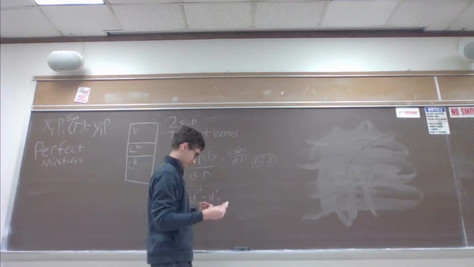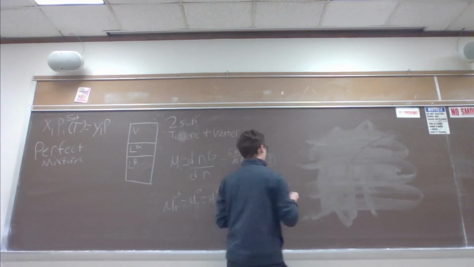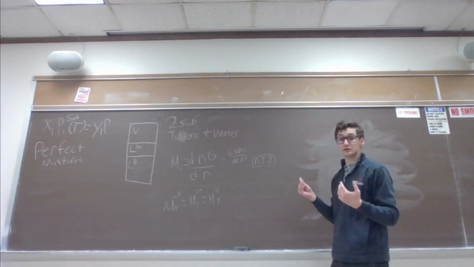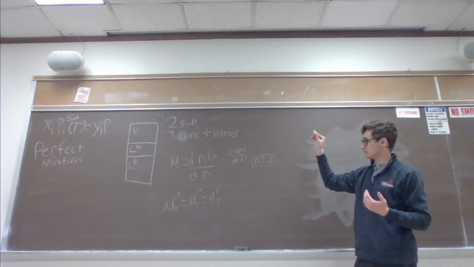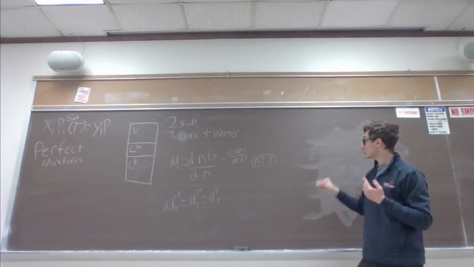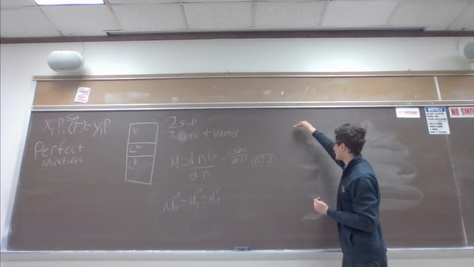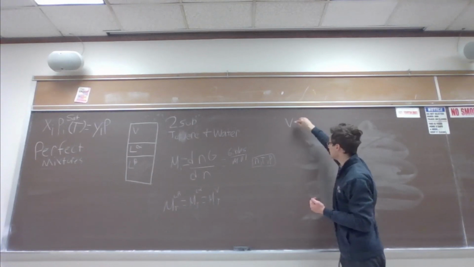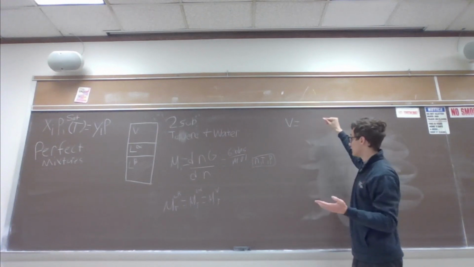And so, let's talk about intrinsic unknowns or intrinsic variables. Intrinsic variables are variables that are not affected by the size of, say, a reactor. And so those intrinsic variables, let's write this, we're going to call that V. It equals the mole fractions.